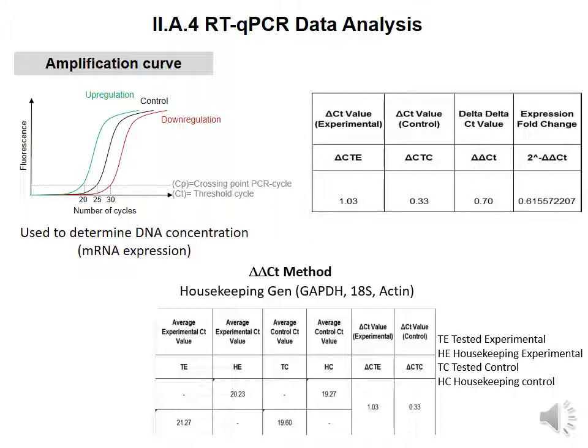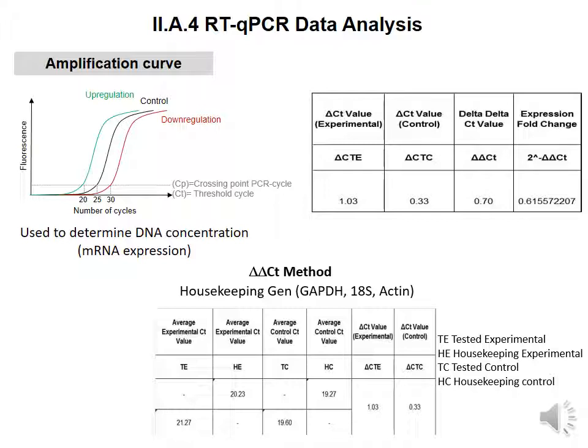And since all calculations are in logarithm base 2, every time there is twice as much DNA, your CT values decrease by 1. So then you have to use this formula to calculate the fold change expression in your experimental sample compared to the control. In this case, there is a fold change of 0.6, which means that the gene of interest is downregulated in your experimental conditions compared to control.